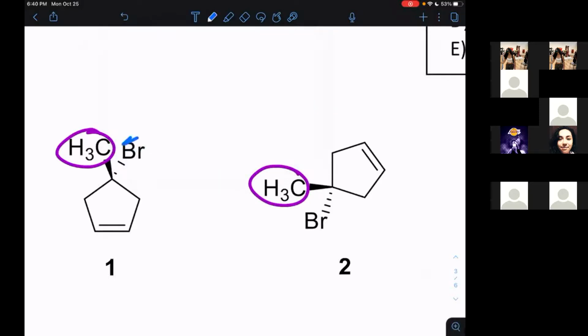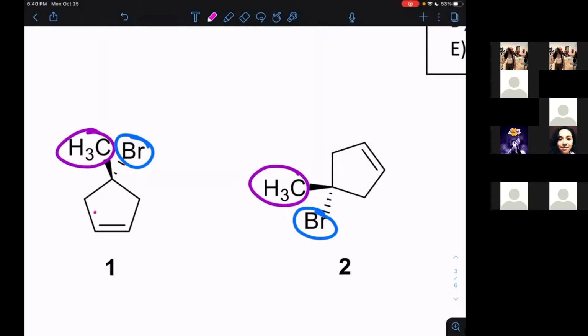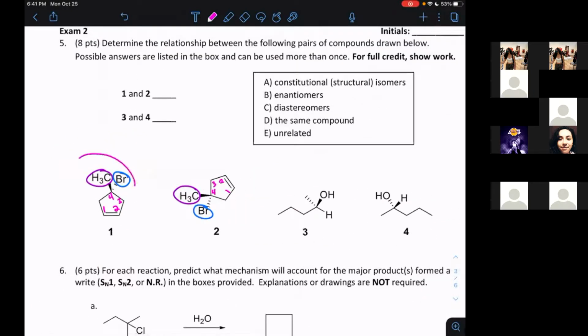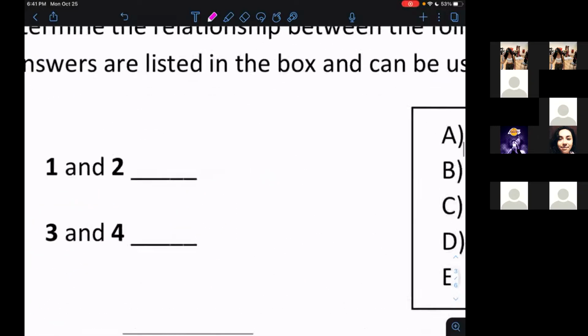And then these ones are also dashed. And if we're numbering, we number through the double bonds: 1, 2, 3, 4. 1, 2, 3, 4. So these are the same compound. We just rotate it a little bit. So it's D.